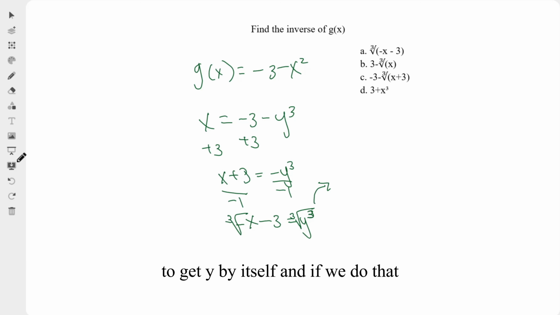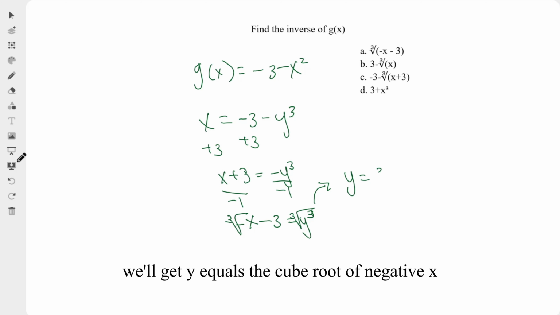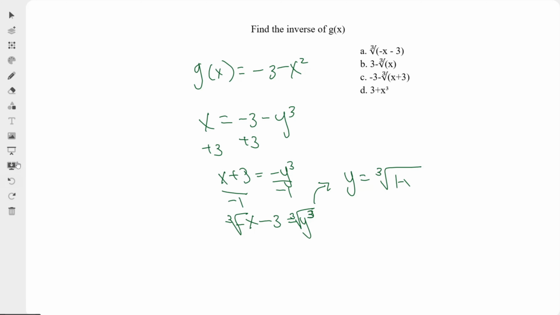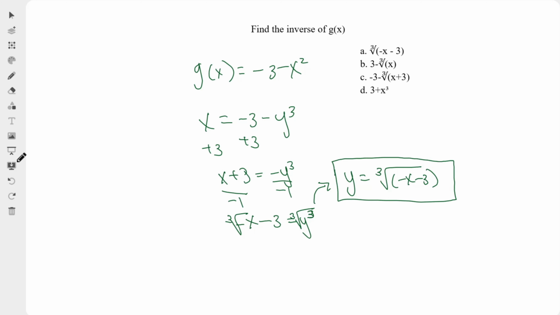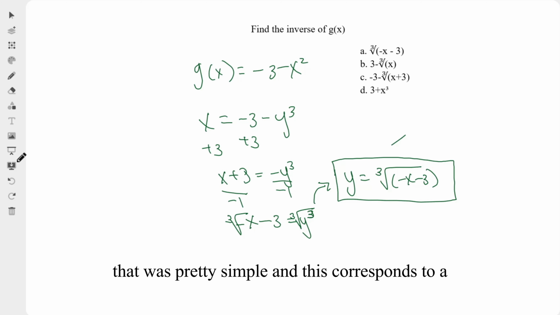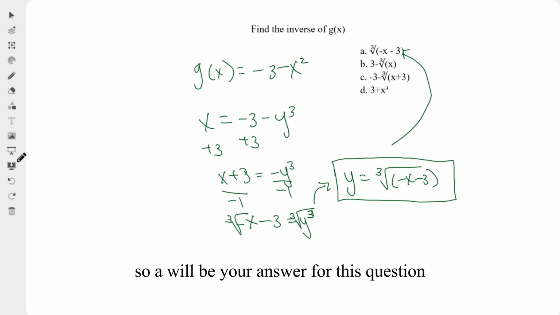And if we do that, we'll get y equals the cube root of -x minus 3. So that is the inverse of g of x. That was pretty simple, and this corresponds to A. So A will be our answer for this question.